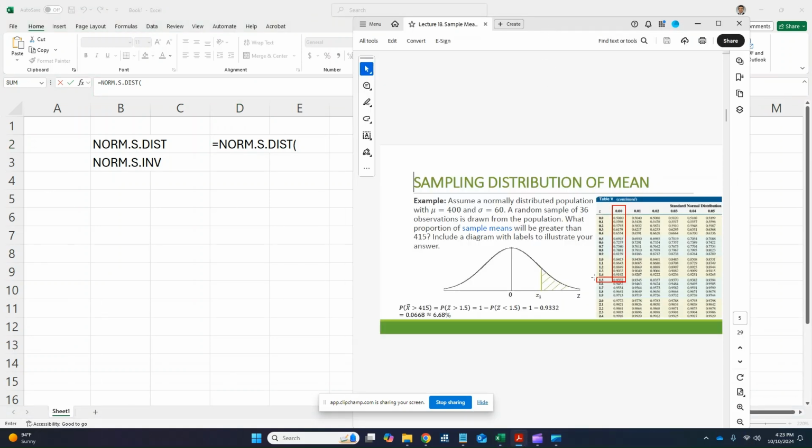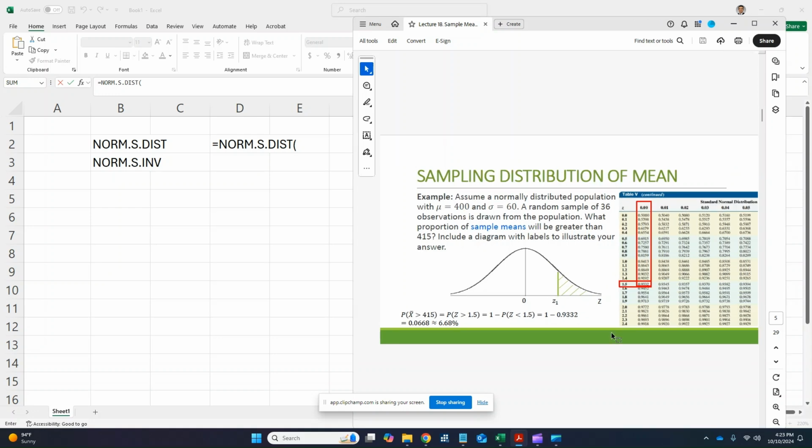This is lecture 8, and we have this question where we have the z-score 1.5, and we would like to see if the probability of z is bigger than 1.5.